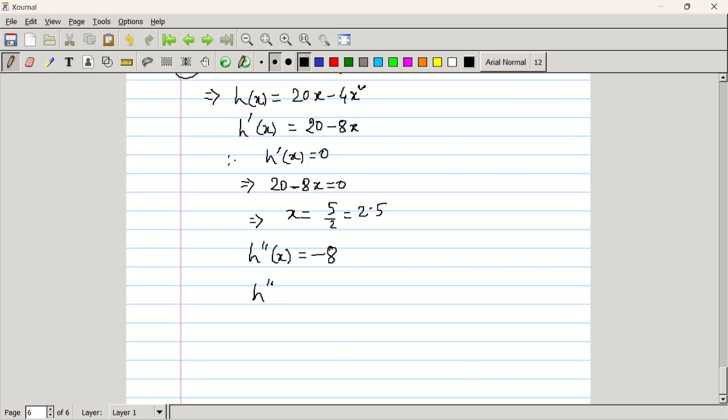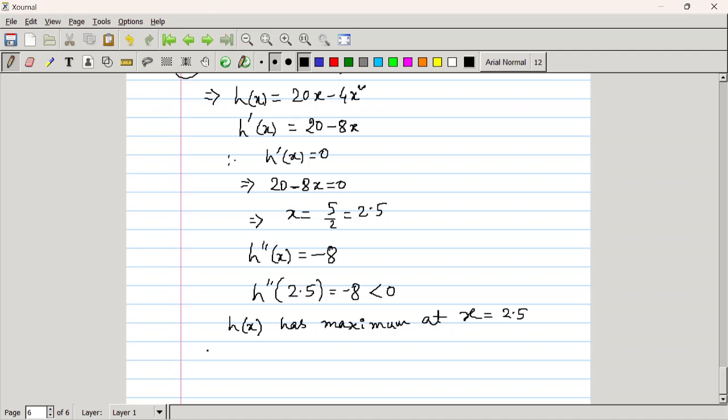Now h''(x) is minus 8, so h''(2.5) is also minus 8, which is negative. So h(x) has the maximum at x equal to 2.5.